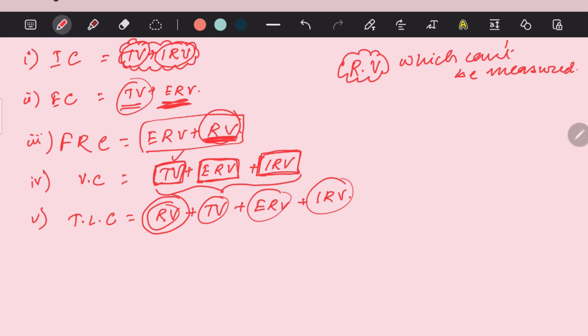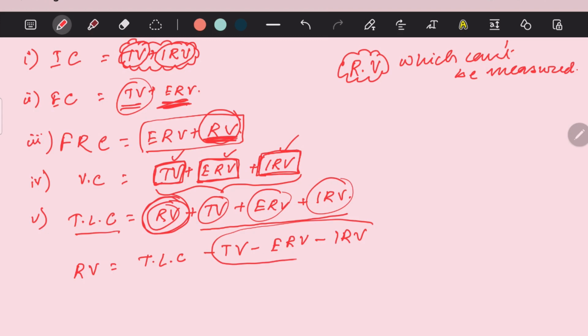We can measure tidal volume, expiratory reserve volume and inspiratory reserve volume. So, if we need to find out the residual volume, we will just subtract these 3 from the total lung capacity. So residual volume is equal to total lung capacity minus the tidal volume minus the expiratory reserve volume minus the inspiratory reserve volume. Now if you see carefully, these 3, the tidal volume, expiratory reserve volume and inspiratory reserve volume, add up to form the vital capacity. So residual volume is equal to total lung capacity minus the vital capacity. Thus, that is how we actually measure the residual volume.